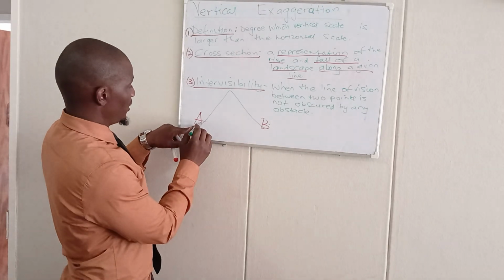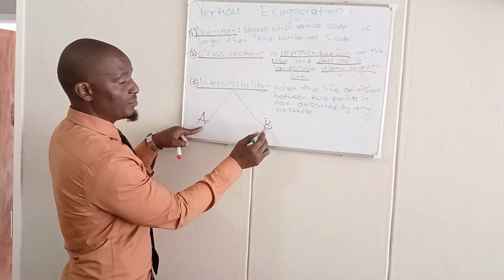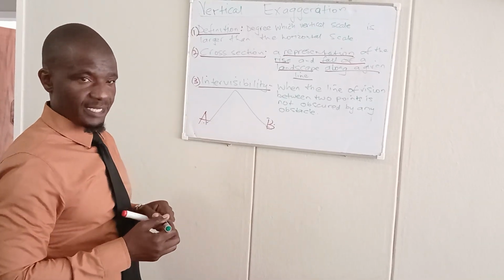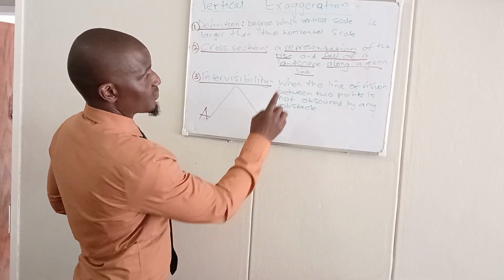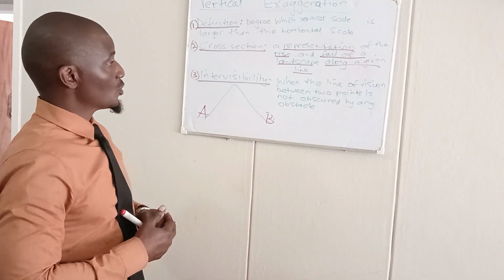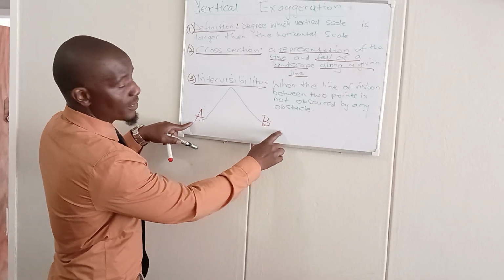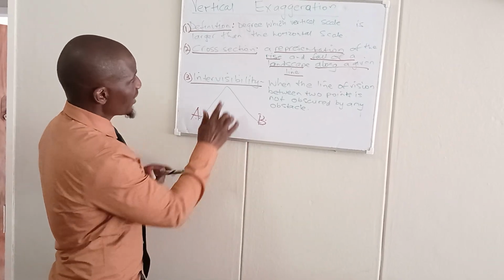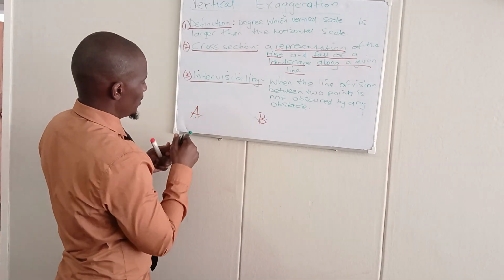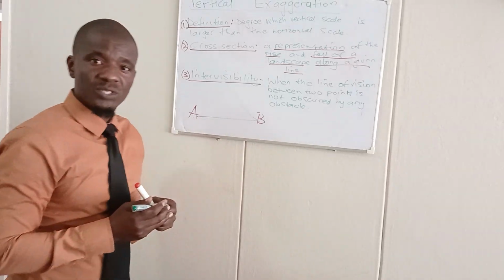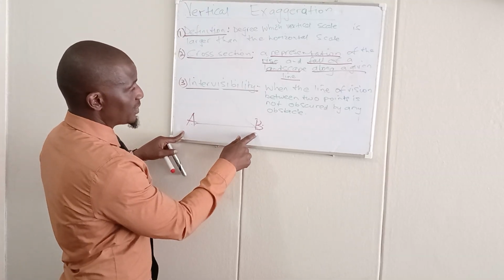One cannot see B from A. It means between A and B there is no intervisibility, because the line of vision is obscured by an obstacle. But when we are able to see from A to B, then we say there is intervisibility.